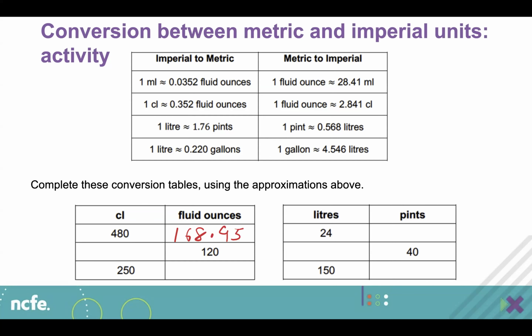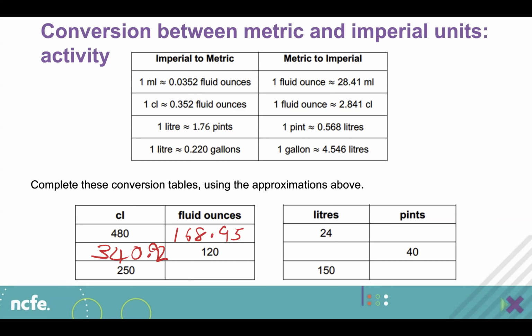So 120 fluid ounces would just be 120 times 2.841, which equals 340.92.